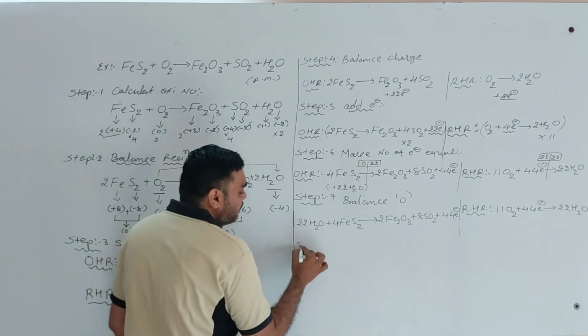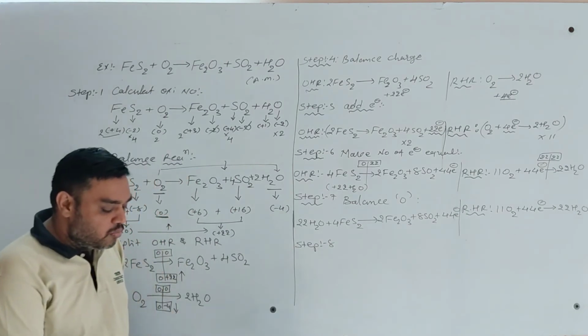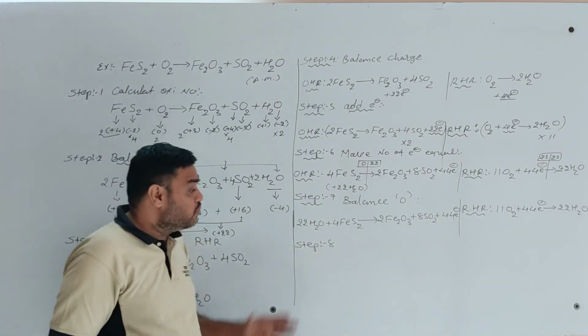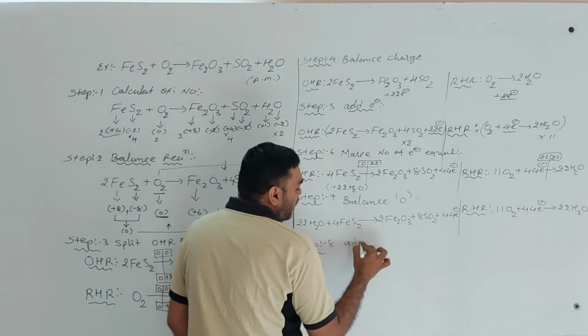Now in step 8, add both half reactions, take the sum total.